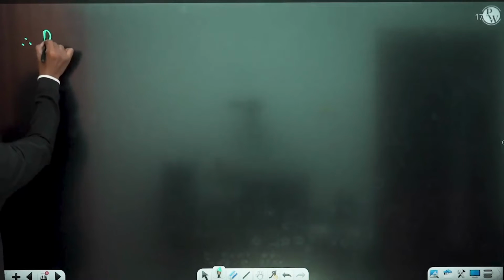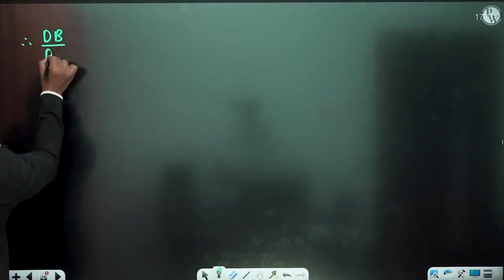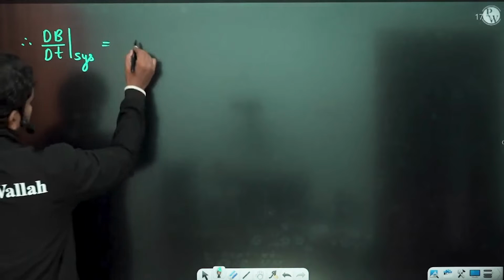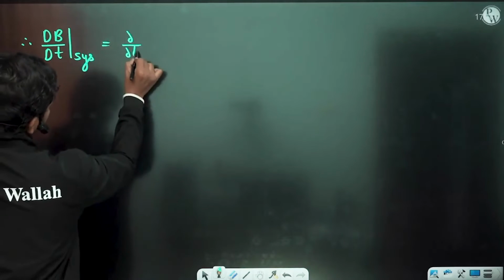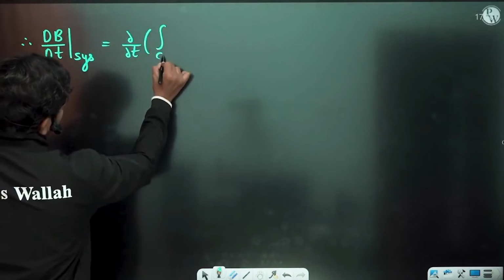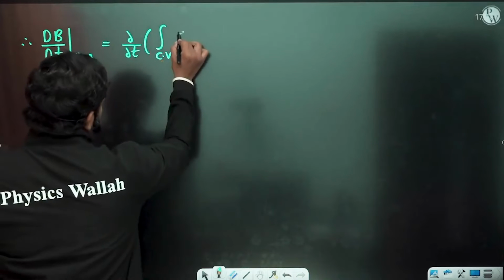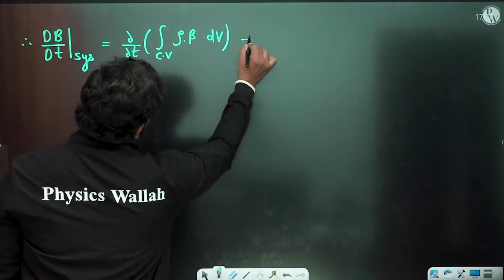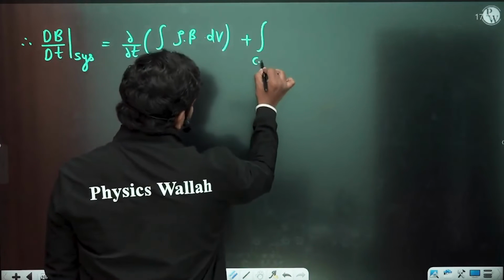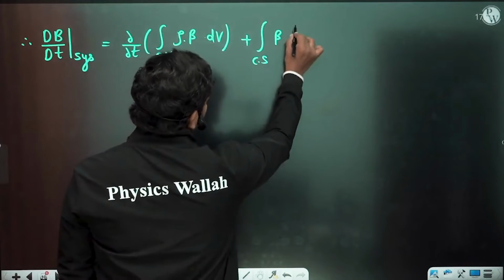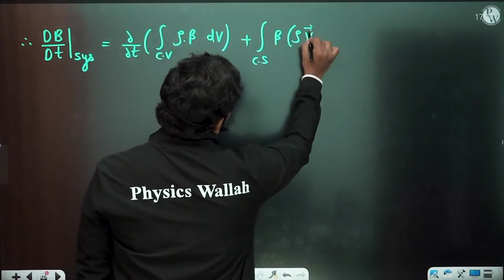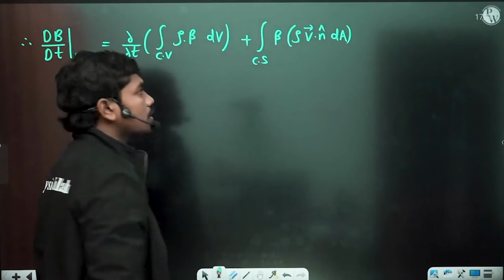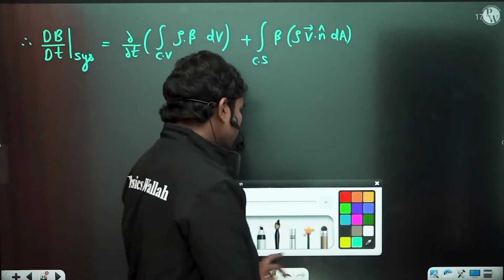Therefore dB by dt of the system is equal to dou by dou t of the integral over the control volume of rho times beta into dV, plus the integral over the control surface of beta times rho V bar dot n cap dA. So this is what you have for the total change in the system and control volume relation.